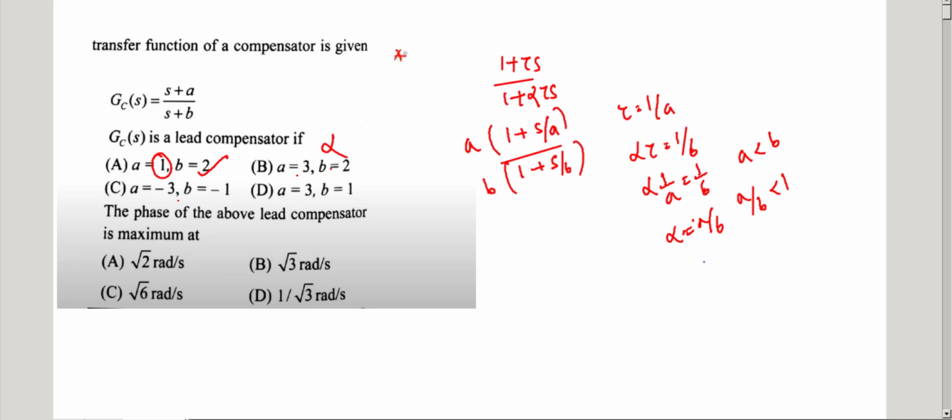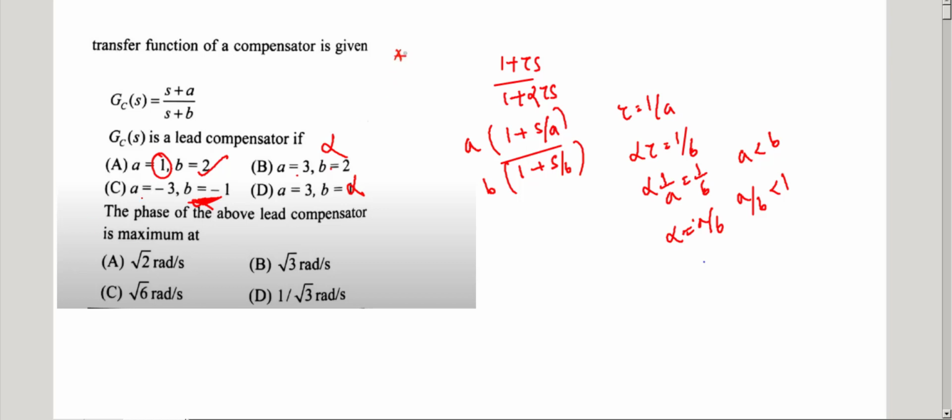A equal to minus 3, a is less than b, this is not an option. So this can be a equal to minus 3, a less than b, this will not come into the picture. Okay, let's take a equal to minus 3. So minus 1 is greater than minus 3, and it should be a less than b.